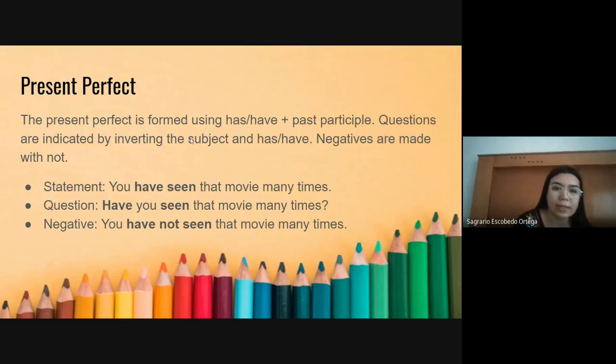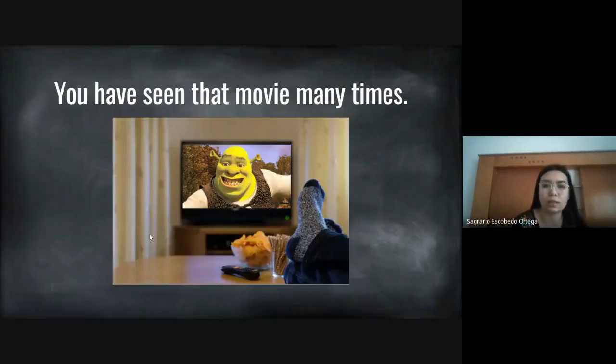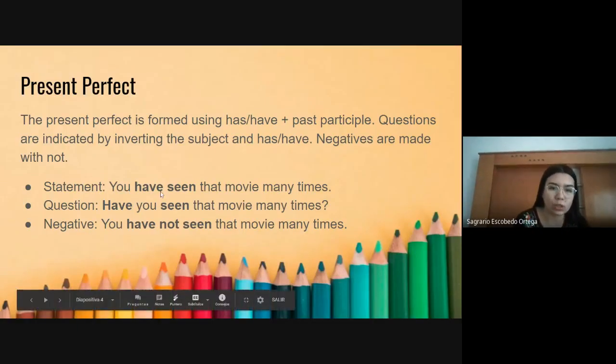Questions are indicated by inverting the subject and has and have. Negatives are made with not. Okay. Here we have this statement. You have seen that movie many times, okay? Now, question.